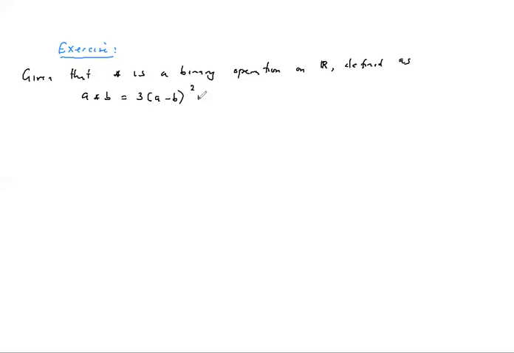So the exercise: given that star is a binary operation on R defined as A star B is equal to 3A minus B squared, or should I say now minus AB.